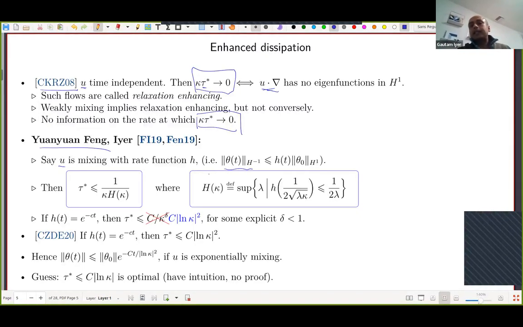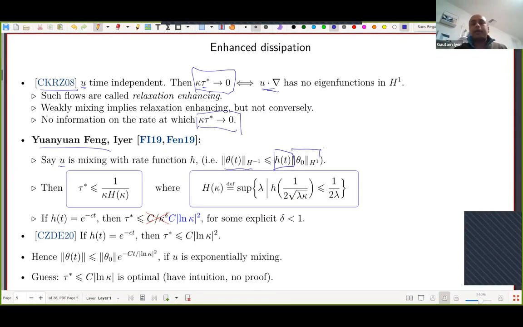So the mixed scale is bounded above by your mixing rate, which I'm calling H, times the initial H1 norm, right? And there's this asymmetry between norms, which you really have to deal with when you're dealing with inviscid mixing, because otherwise I could take a perfectly unmixed concentration and flow it backward by the flow of U for some time, and then of course, right, I get unmixing, right?